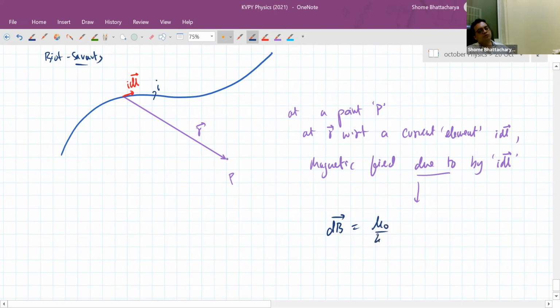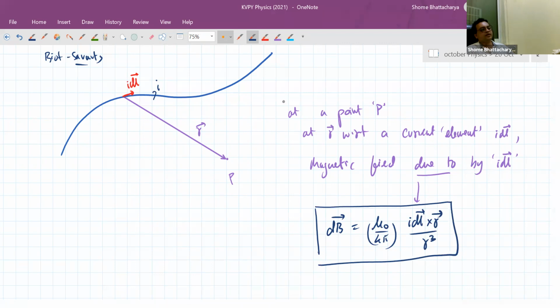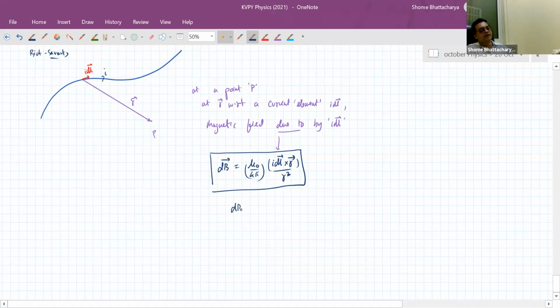mu naught upon 4 pi, Idl cross R upon R cube. Or this formula can be expressed in this way also, that the magnitude of this field is mu naught by 4 pi, Idl sine theta divided by R square. And the direction is along that cross product.